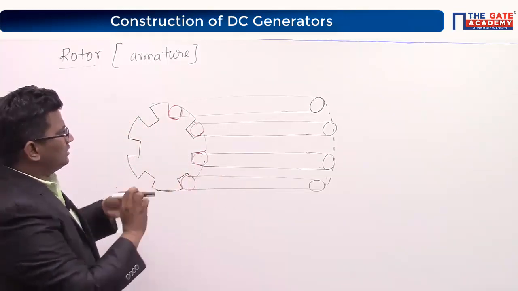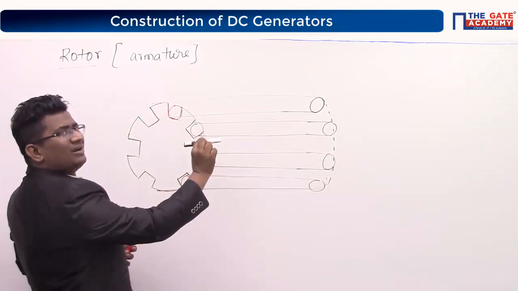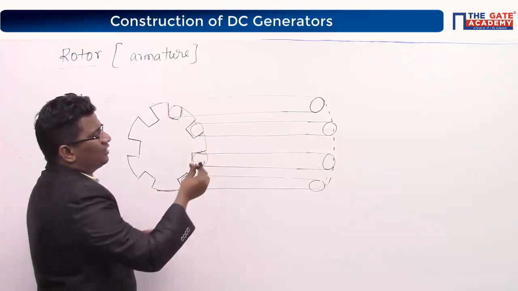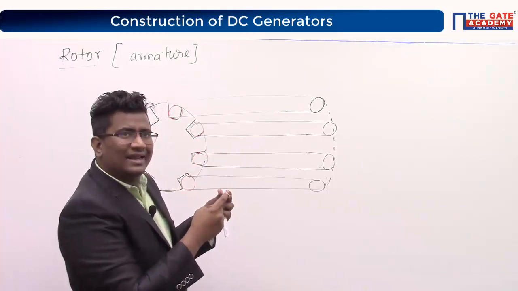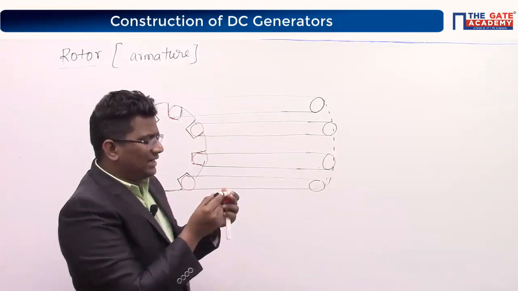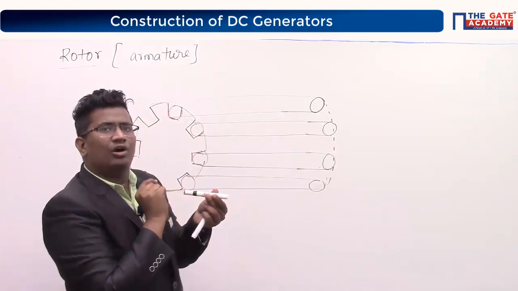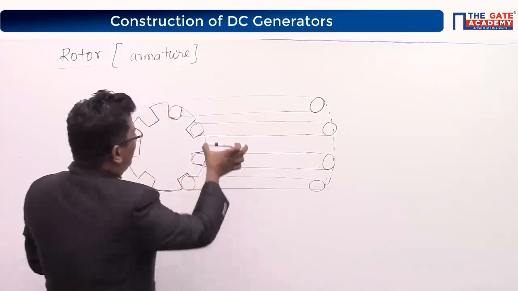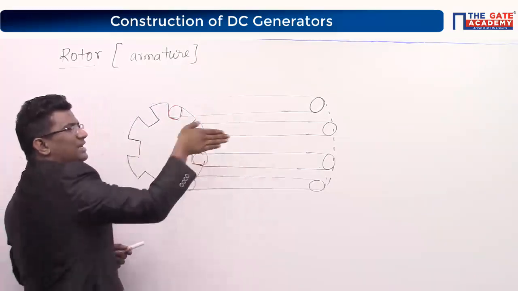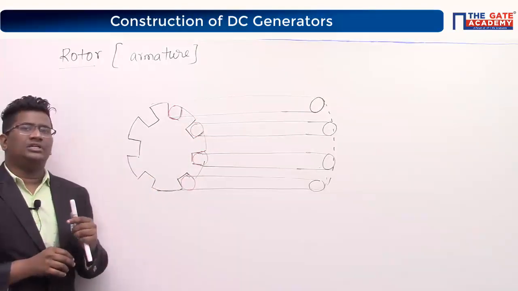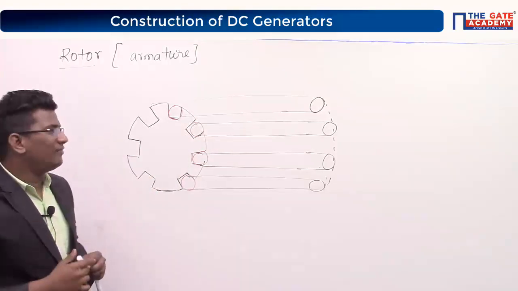This is our rotor or armature, and till now we have seen it in this direction. Now I tilted it and made it horizontal. If I place it horizontally, it looks like these are the conductors placed like this, if I am looking from this side. I hope it is clear, everybody.